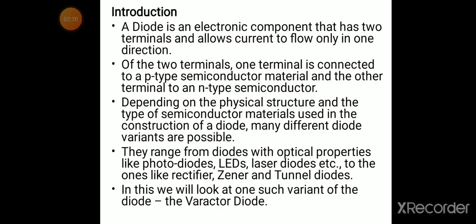They range from diodes with optical properties like photodiodes, LEDs, laser diodes, etc., to the ones like rectifier, Zener, and tunnel diodes. Here, we will look at one such variant of the diode, the varactor diode.